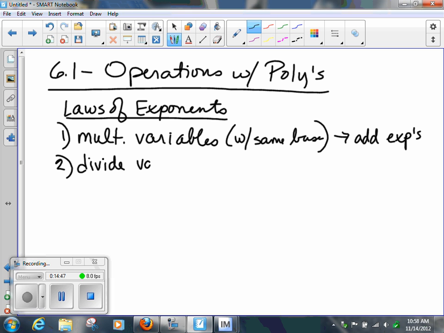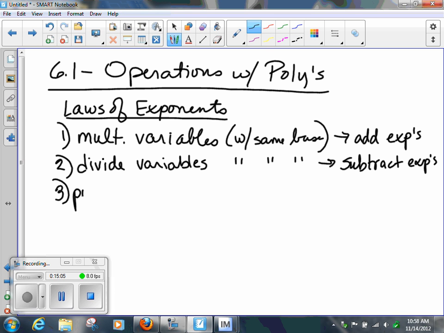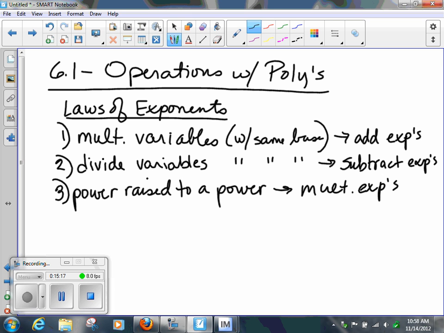When you divide variables with the same base, you subtract. When you have a power raised to a power, you multiply the exponents.